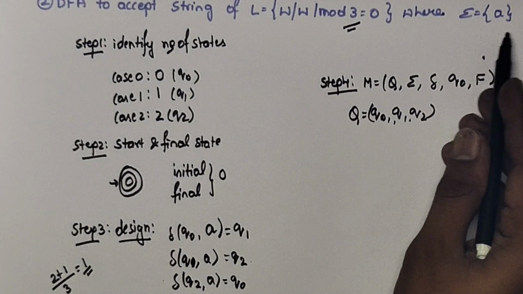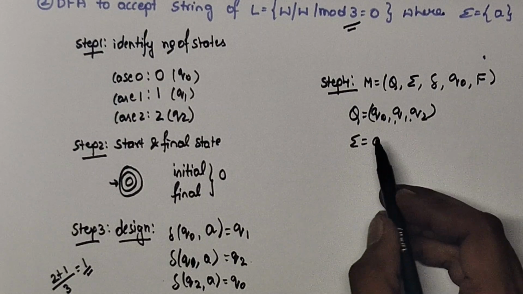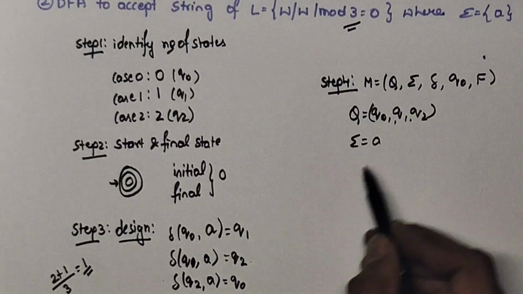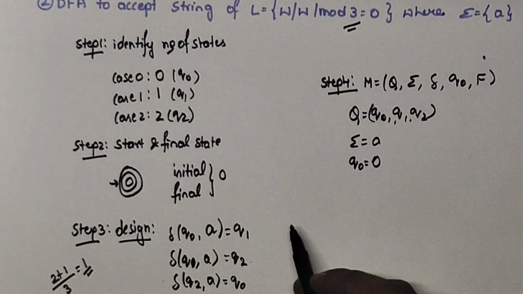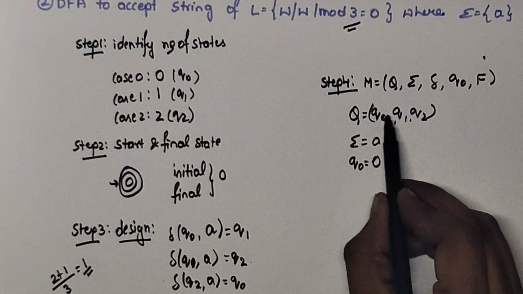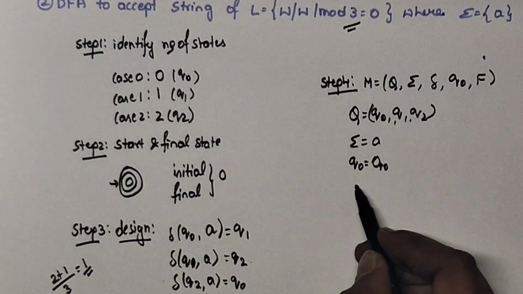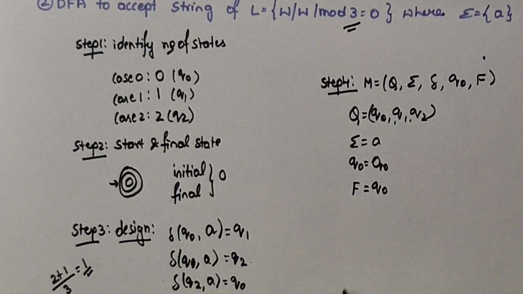Next, summation means, in the question they have given, you must use only A as the input. Next, delta is already written here. The initial state is 0 itself, so here I represent 0 using Q0. And the final state is 0 itself, so you can write Q0.